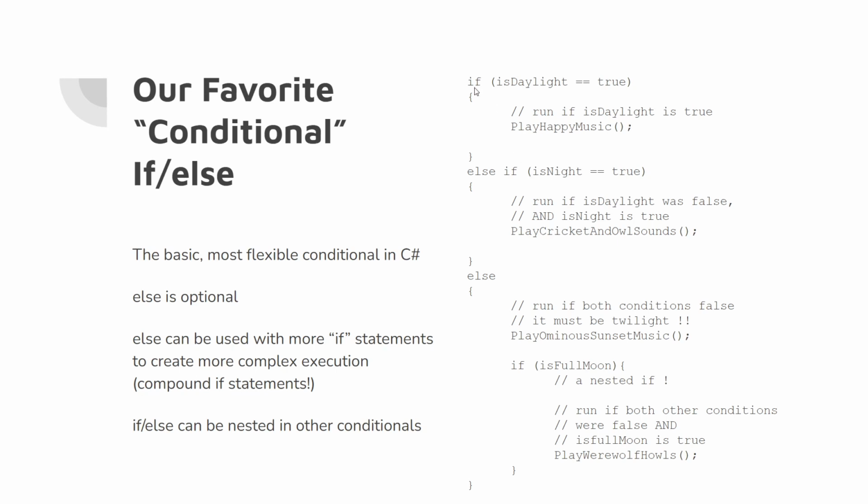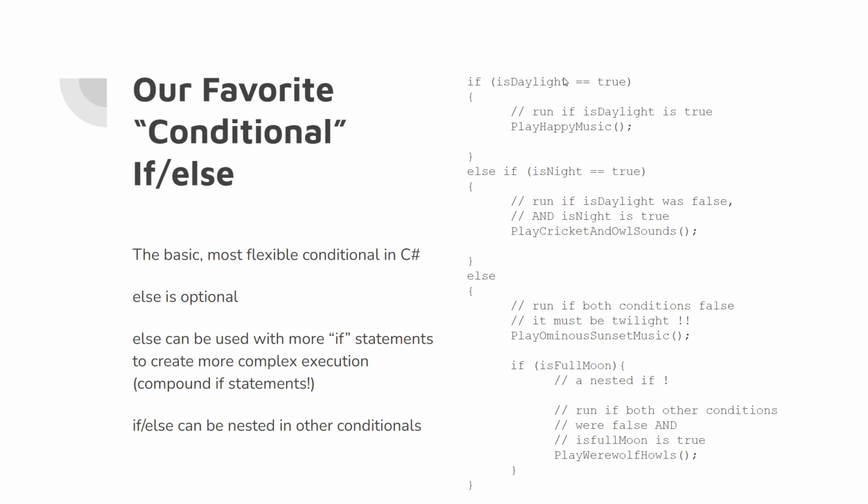If it's not daylight, we check the next thing to evaluate. We just do this in linear order. We say else if is night equals true, well, we play the cricket and owl sounds. So we're in one case or the other. If this is true, we do this. If this is true, we do this. Now, the only other condition would be what? It's not an or.